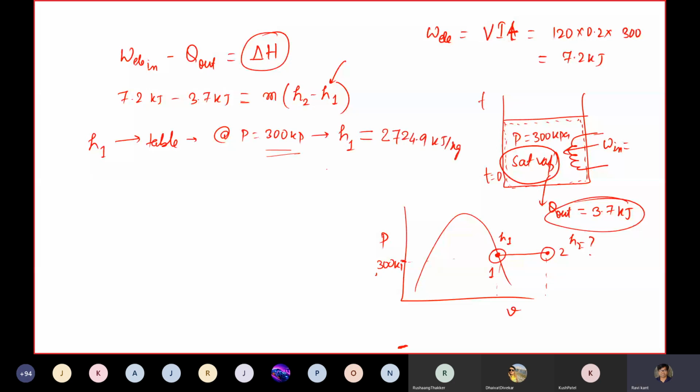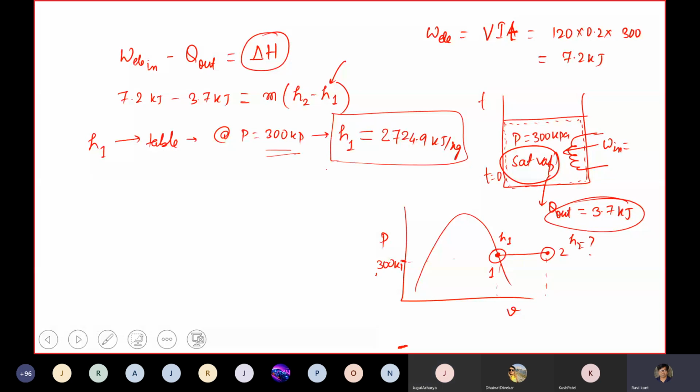This is the enthalpy you will get from your table. Somebody will check and tell me now. Is it correct or not? Anybody there? No? Yes, sir, it's correct. Okay, thank you.